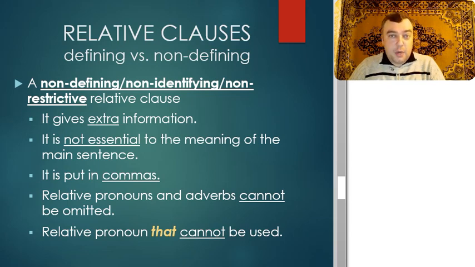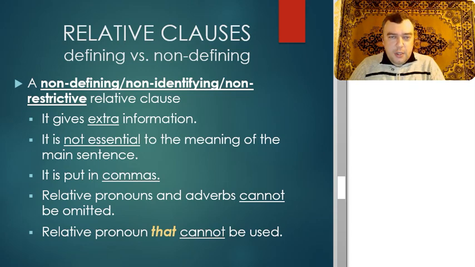This is the requirement of punctuation. Relative pronouns in non-defining relative clauses, as well as relative adverbs, cannot be omitted. They simply have to be there in all situations, be they the subject of the relative clause or the object of the relative clause, it doesn't matter.